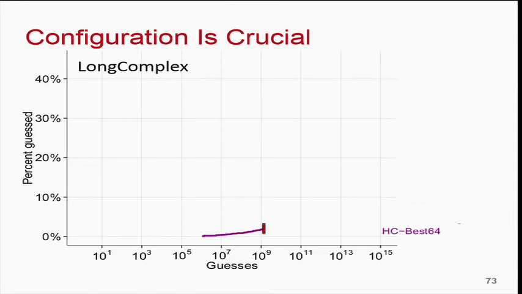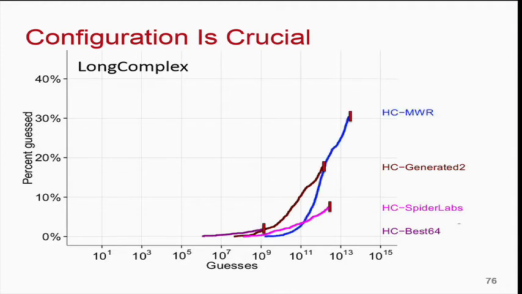However, if you actually try more advanced configurations, you would come to a bit of a different conclusion. For instance, if you use another rule set that comes with Hashcat, it cracks almost 20% of the passwords, albeit in more guesses. We tried a number of other things. We tried some rules we translated from John the Ripper. We tried rules donated to us by an InfoSec professional who also does a lot of password cracking.